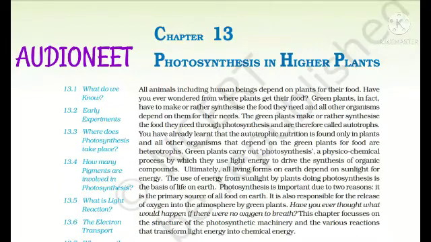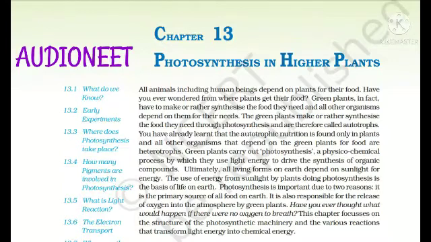The electrons are not used up as they pass through the electron transport chain, but are passed on to the pigments of photosystem I, PS I. Simultaneously, the electrons in the reaction center of PS I are also excited when they receive red light of wavelength 700 nanometers and are transferred to another acceptor molecule that has a greater redox potential.